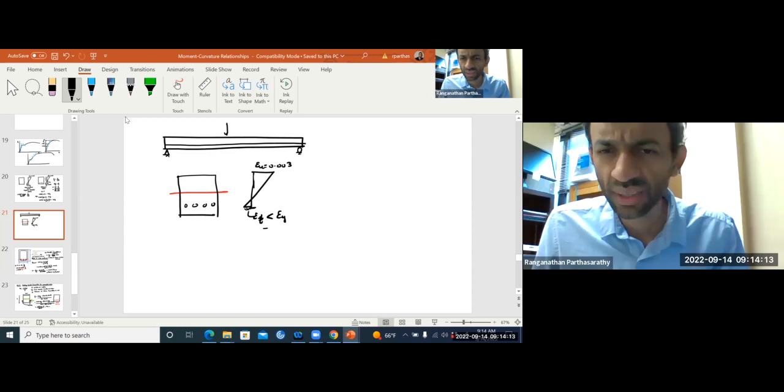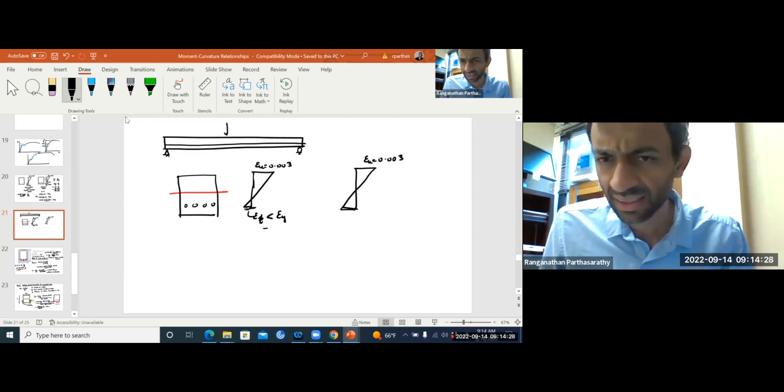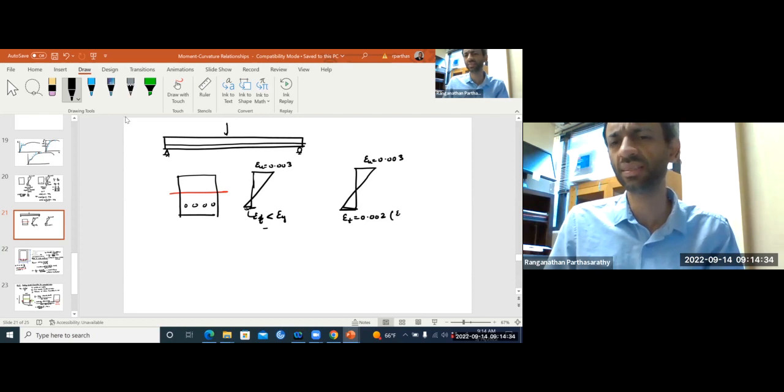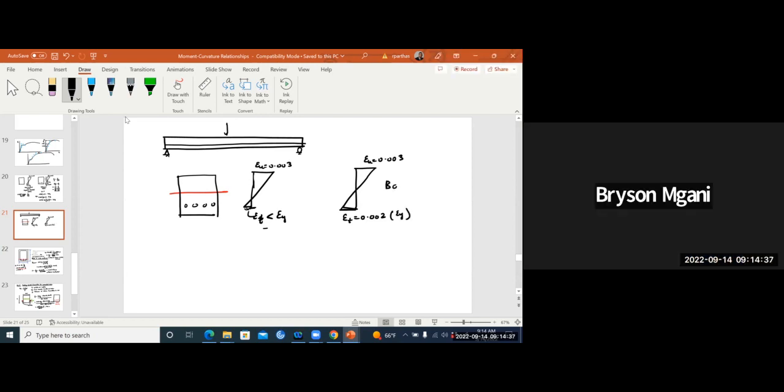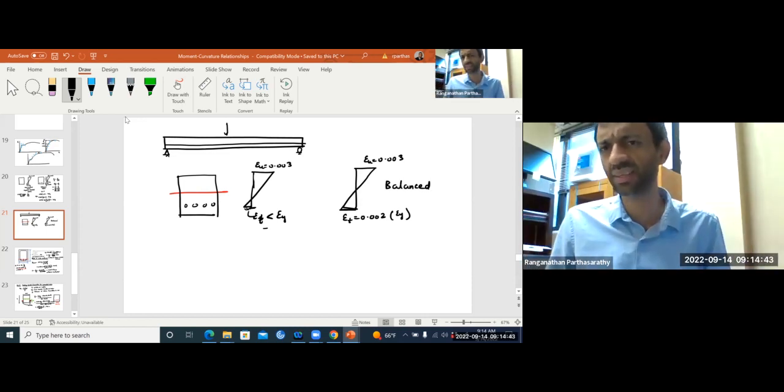So what if I reduce the steel, and the neutral axis moves higher and higher until I come to a point where, when I get epsilon u of 0.003 in the concrete, at the same time I get epsilon t of 0.002, the yield strain in the steel? This is balanced. Balanced means exactly when concrete crushes, steel starts yielding.